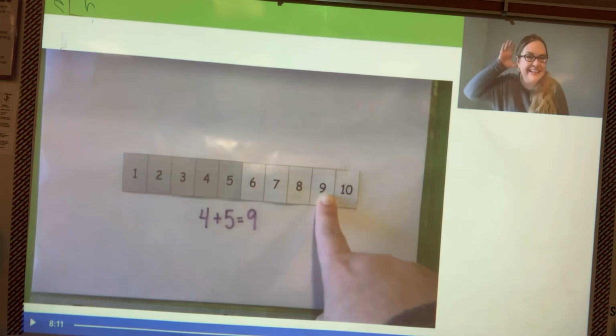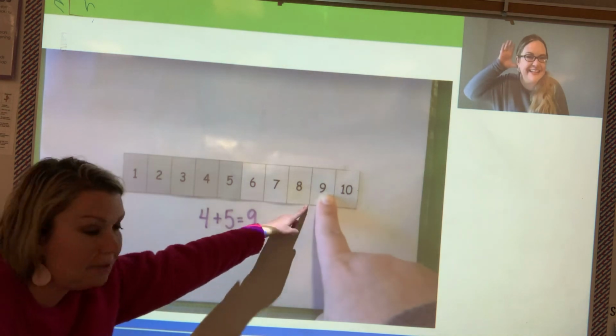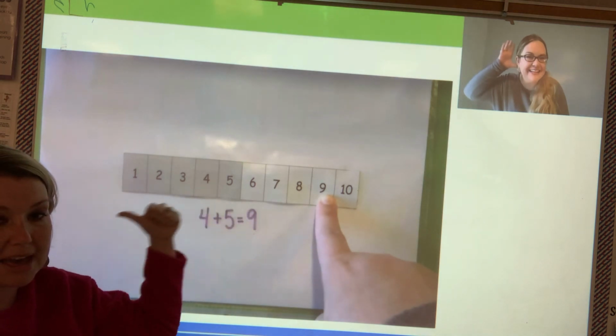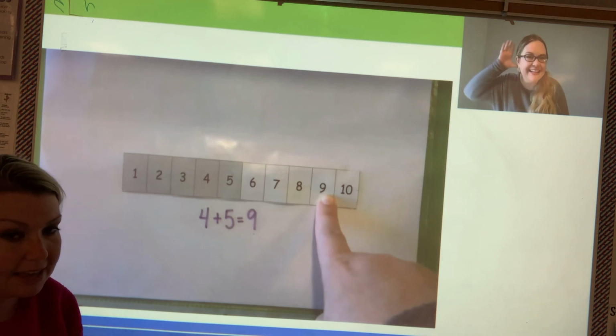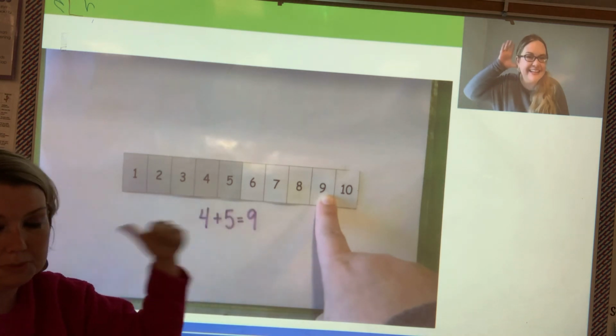We are subtracting. We're taking away. And if we subtract, we're going to move backwards down the number path. Anytime you take away, you're subtracting and you move backward.